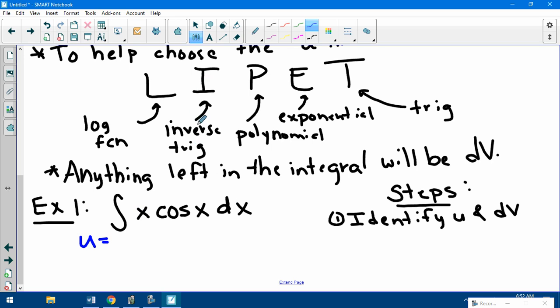Is there any inverse trig? Well, there's trig, but not inverse trig. Is there a polynomial? Yes. x is a polynomial. So x, this piece here, is going to be u. Anything left in the integral is going to be dv. So I'm writing this kind of down a level and over. You're going to see why in a second. So the thing that's left in the integral is cosine of x dx. That's dv.